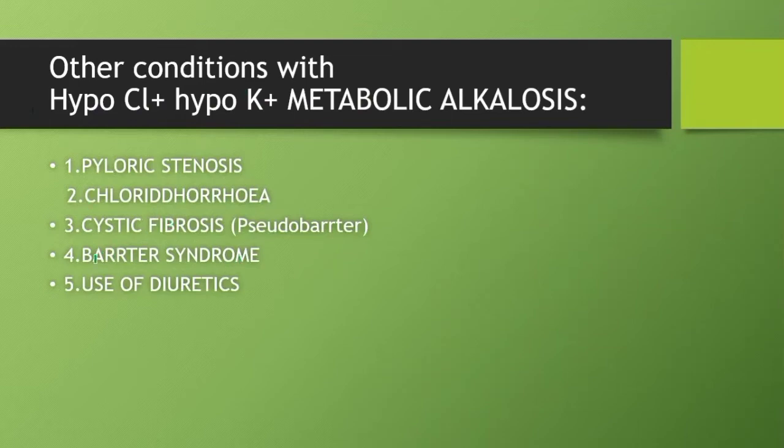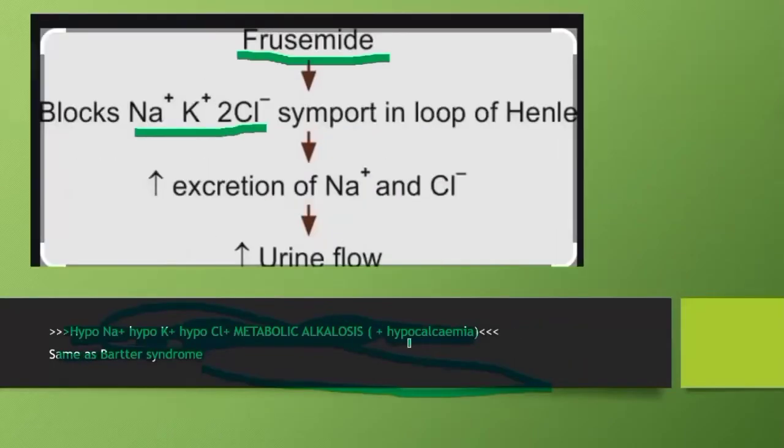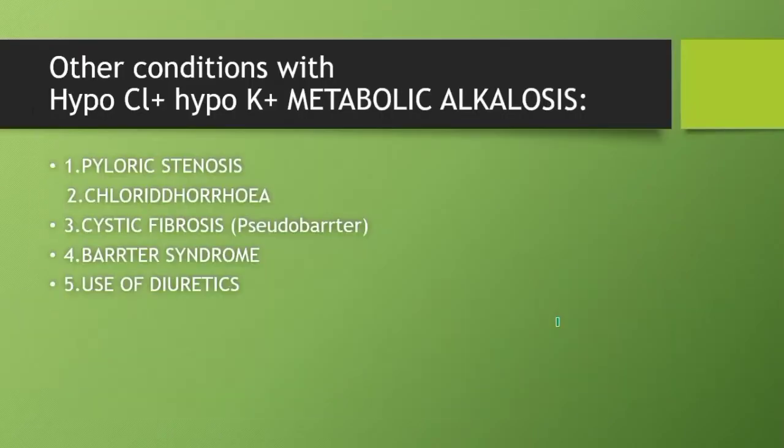Next one is Bartter syndrome. In Bartter syndrome, along with hypochloremia, hypokalemia, metabolic alkalosis, there will be hypocalcemia. And the child will come with polyuria, polydipsia. There will be faltering of growth, or the child may come in the form of shock, because it is very severe and presents during childhood.